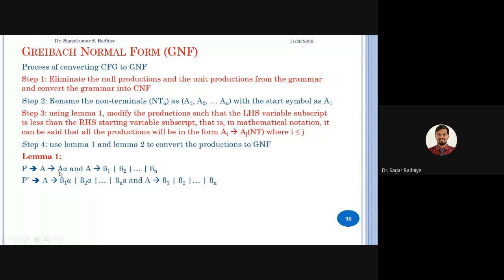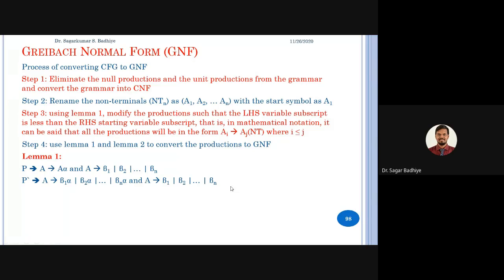We'll simply replace this A with beta. Okay, and then these beta rules will be as they are. We will be keeping this rule as it is, but in place of this A, we would be replacing it with all these beta rules. So this is simple lemma 1, wherein if these two symbols are the same, we can replace it like this.